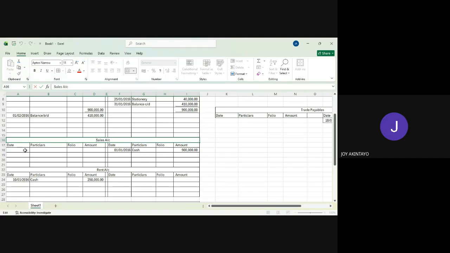So it means at the end of the period, we have a balance carried down to the year. Abi, is that not it? Then we put 900. Hope you understand. The same thing we have here.